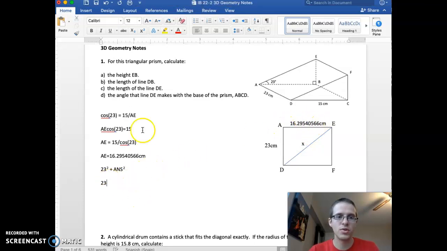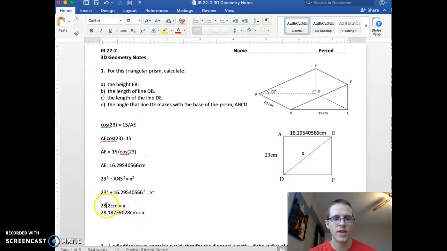The other option is to do 23 squared plus, type in that whole value, 16.29540566. You're squaring that, and it equals x squared. And then you're going to solve it by taking the square root of both sides, and you'll come back with your answer for x. So try that out, see what you get for x.